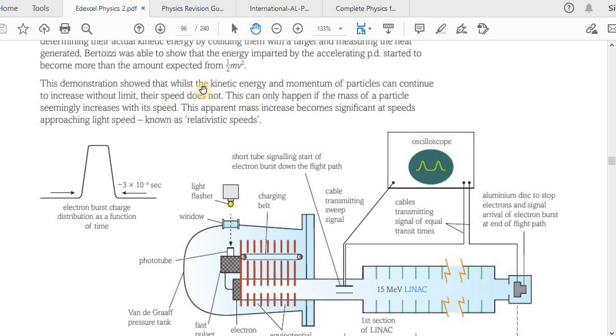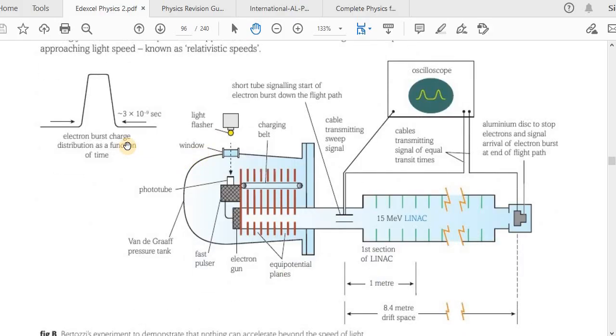It showed that whilst the kinetic energy and momentum of particles can continue to increase without limit, their speed does not. So even if the speed is constant, if the mass increases, the kinetic energy increases. This can only happen if the mass of a particle seemingly increases with its speed. This apparent mass increase becomes significant at speeds approaching light speed, known as relativistic speeds. Okay, so electron burst charge distribution as a function of time.